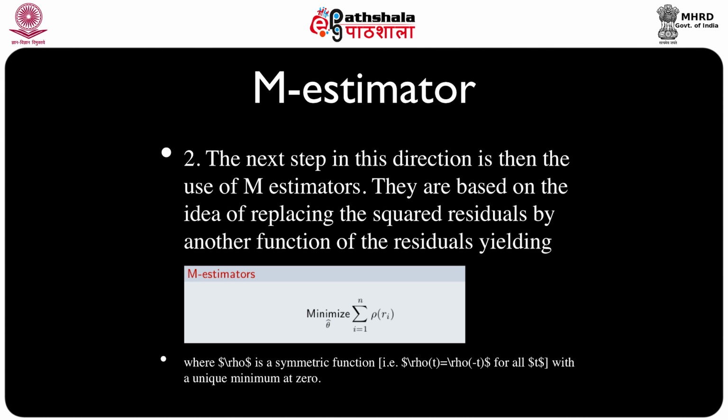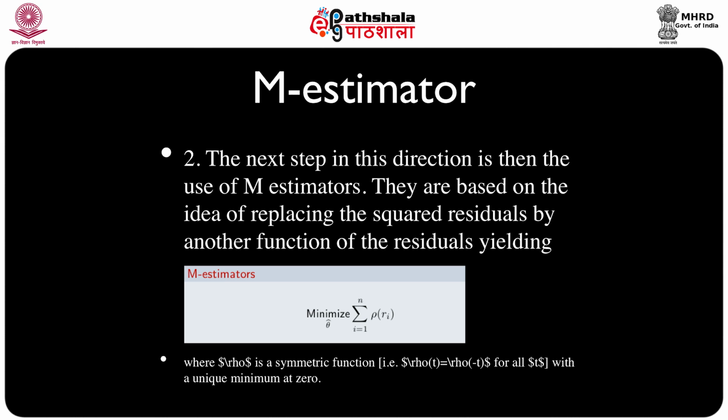Another method that we can use for robust regression technique is the M-estimator technique. The next step in this direction was the use of M-estimator. The basic idea of replacing the squared residuals by another function of the residuals yielded the M-estimators, where in place of the absolute value of the residuals as we did in least absolute value estimators, we now use a function rho of the residuals.